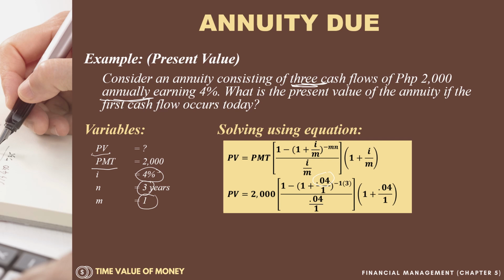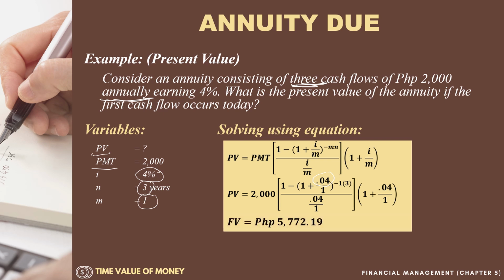Now, using your calculator, compute for the present value annuity due for this problem. Okay, so your present value annuity due is 5,772.19.